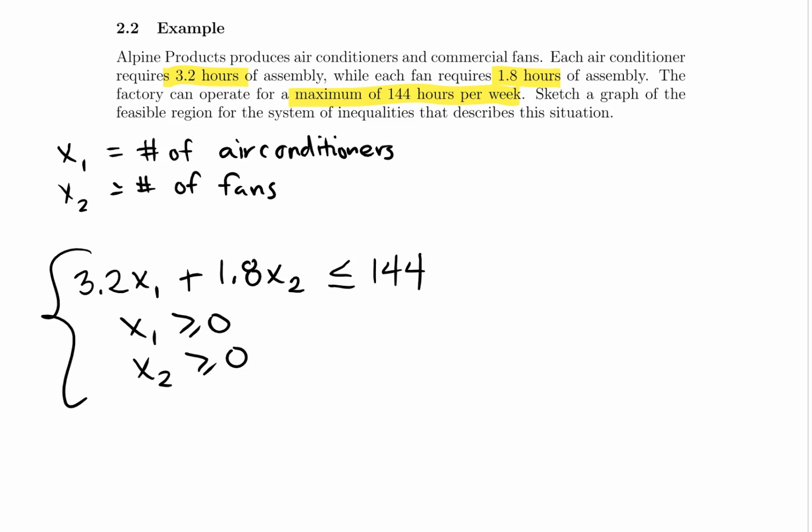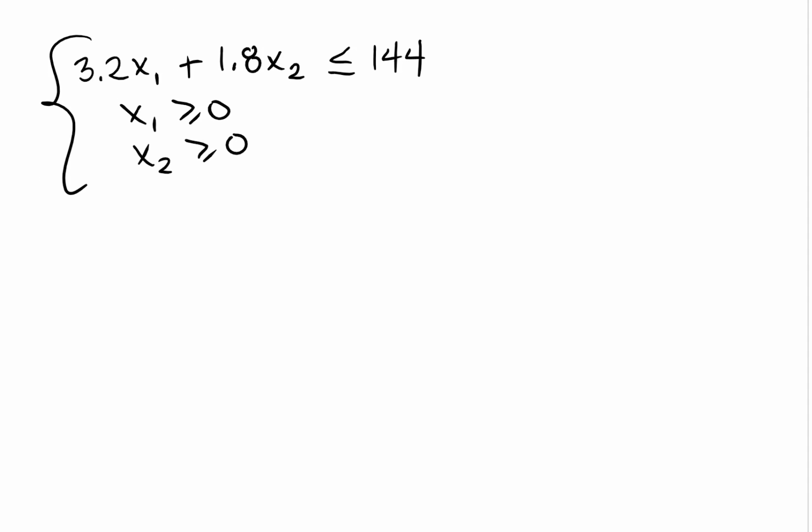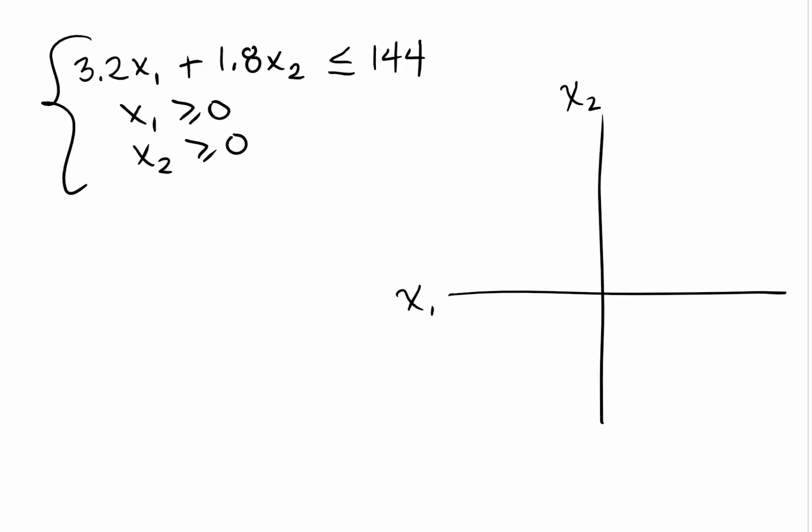So now we'd like to graph the feasible region for this system of inequalities. I'm going to let x1 be the horizontal axis and x2 the vertical axis. Just like I've done in the past, I'm going to find my x and y intercepts for the line so that I can graph it easily.